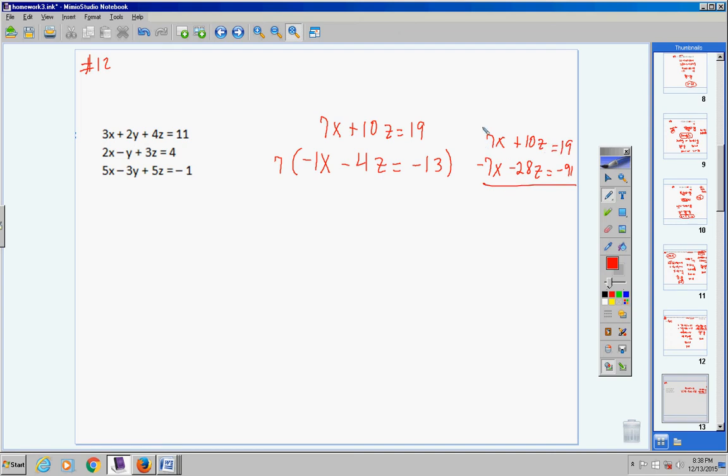These cancel, leaving you with negative 18z equals negative 72. Divide both sides by negative 18, and you get 4. 18 times 4 is 72. A negative divided by a negative is positive, and 72 divided by 18 is 4.